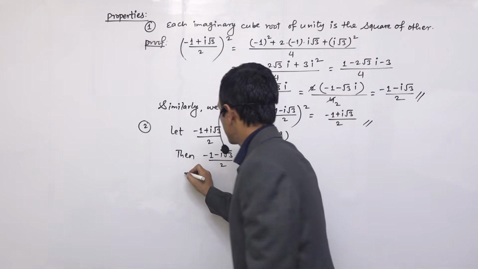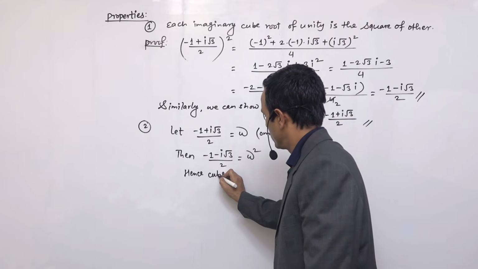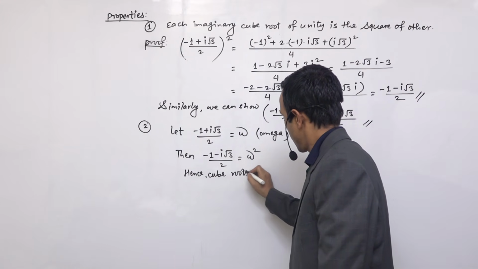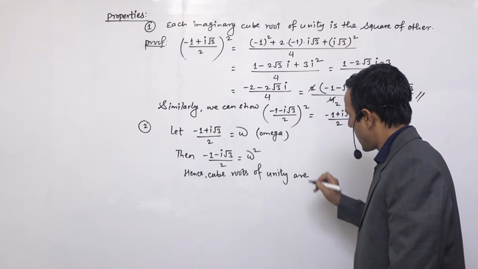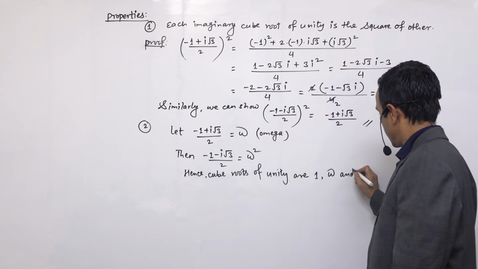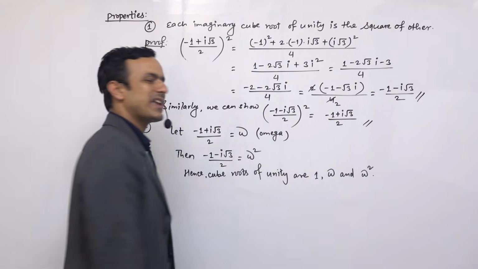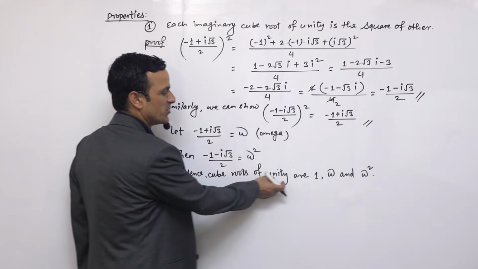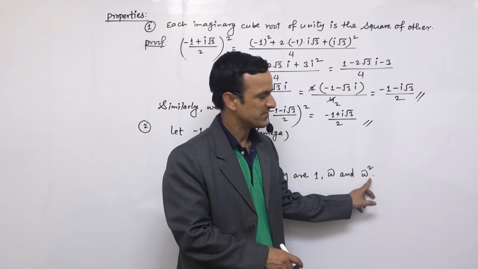Hence the cube roots of unity are 1, omega and omega square. So in this way we can suppose the cube roots of unity are 1, omega and omega square.